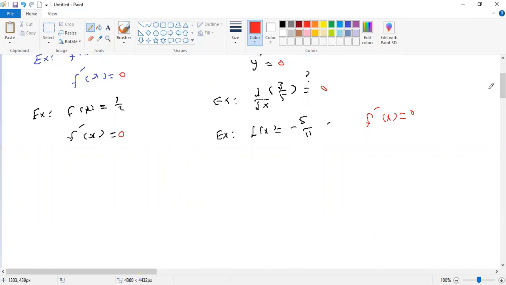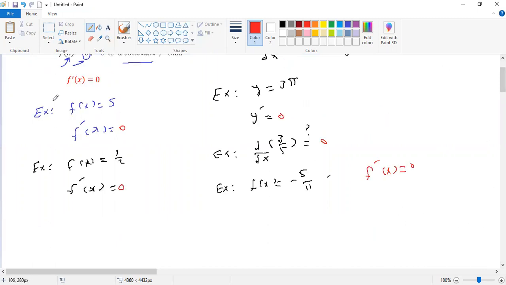So if we look at the examples, this is example number 1. f(x) equals 5, derivative 0, because the output is a constant, 5 for each x. Example number 2, the output is 1/2 for each x, so f prime is 0.